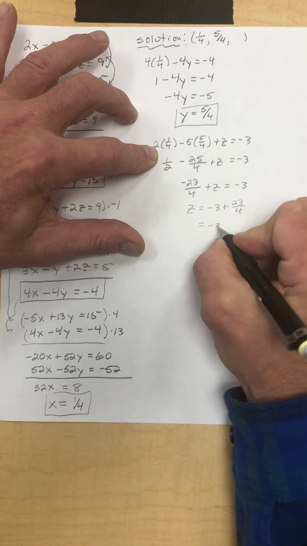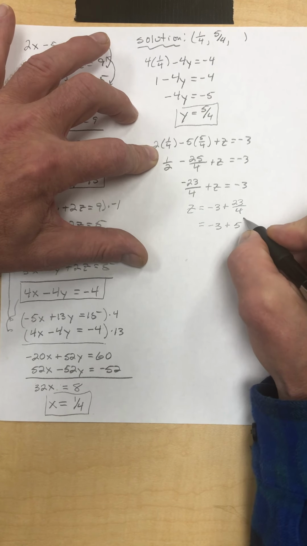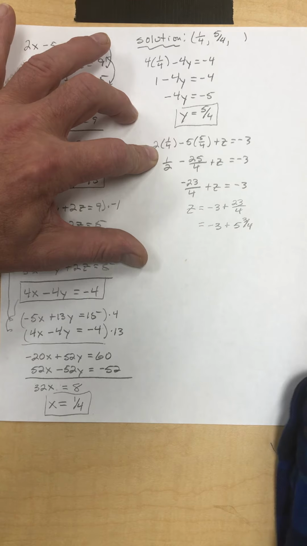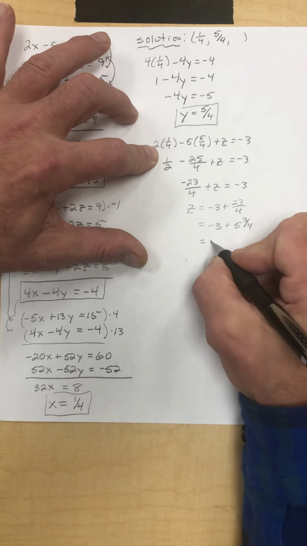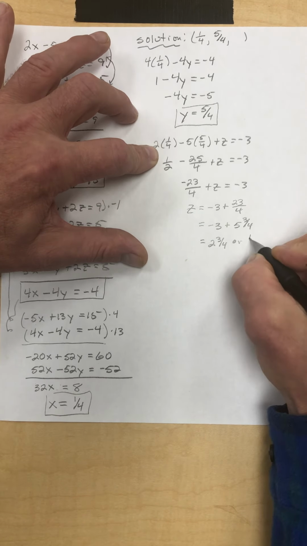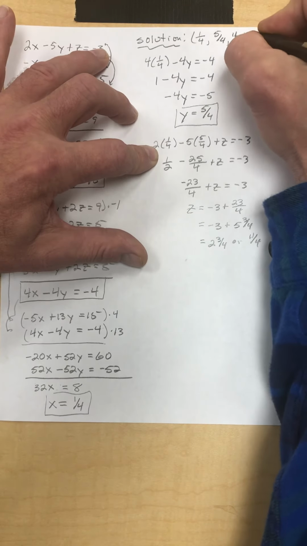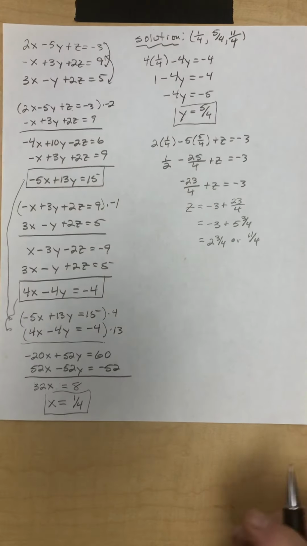So that is negative 3 plus, let me see, what would that be? 5 3/4. Okay, so I'm going to get 2 3/4, which is the same as 11/4. So I'm going to use 11/4, and we've got our first system solved.